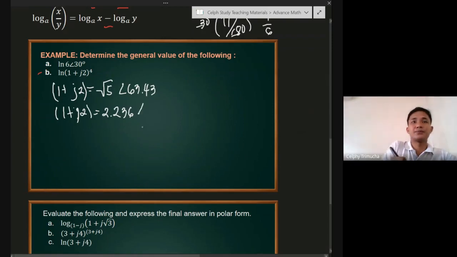Then dapat exponential form, so we will have e raised to the power of j, pila ito ang angle? Okay, okay lang kung ma-decimal na din. Aton angle, we have pi all over 180 times 63.43. So, pila ni siya?